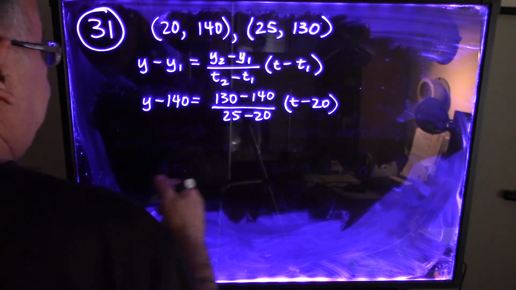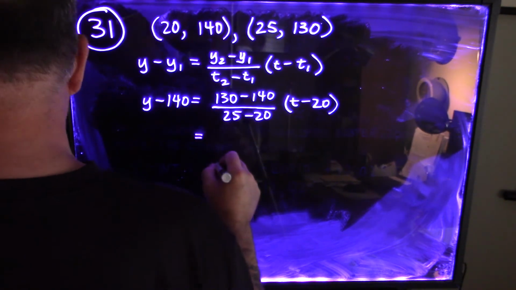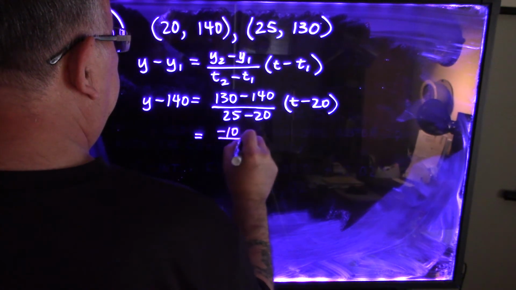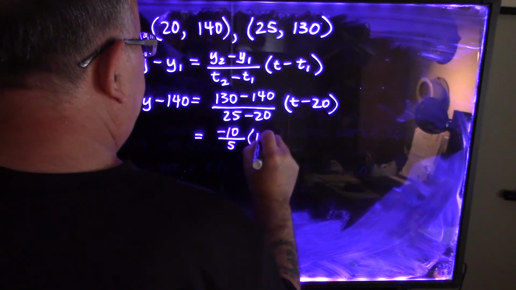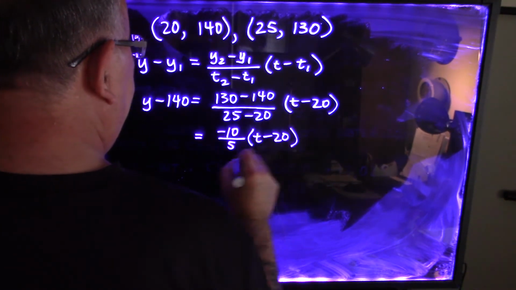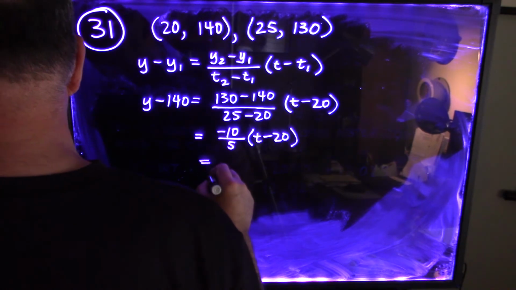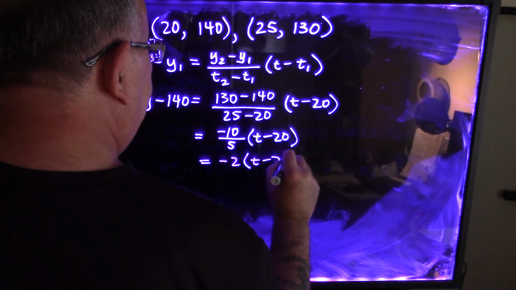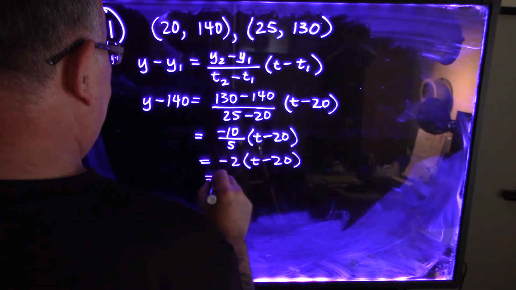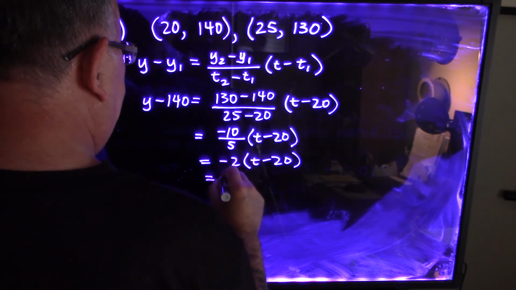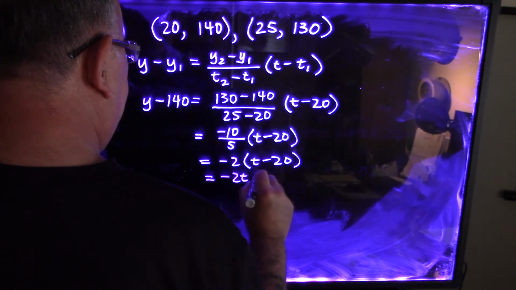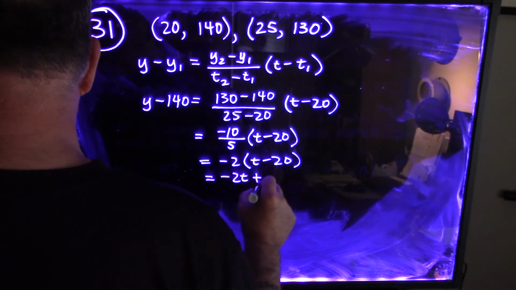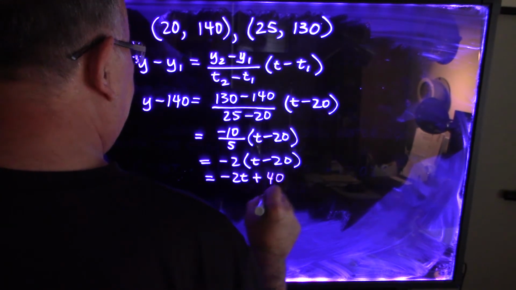Just focus on the right side of the equation. We've got negative 10 over 5 times the quantity t minus 20, and reducing that to negative 2, we get negative 2 times the quantity t minus 20. Then we distribute the negative 2 through, we get negative 2t plus, rather, negative times negative is positive, remember, that's 40.